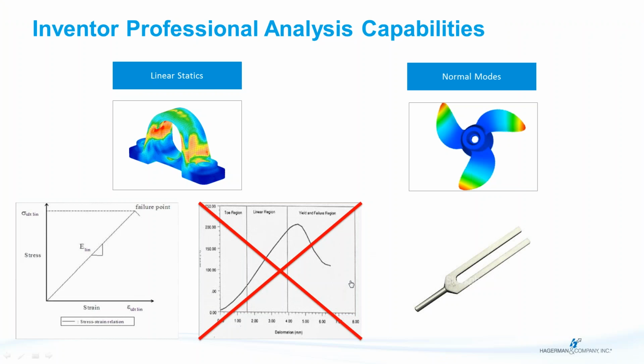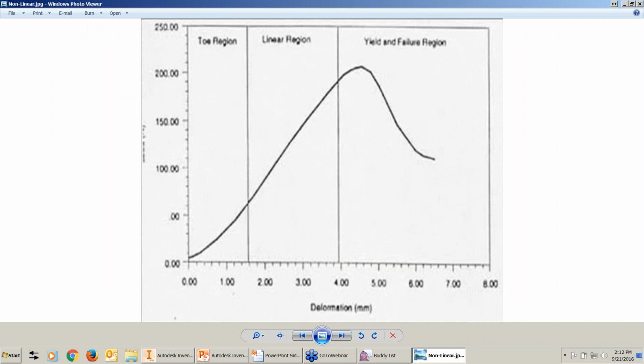When you look at something like a nonlinear FEA, just about every material on the planet is nonlinear beyond some point. And most materials have a linear region. Now that linear region could be larger for some materials like metals, steel, iron, brass, things of that nature, or smaller for other materials such as plastics, wood, glass, things like that.